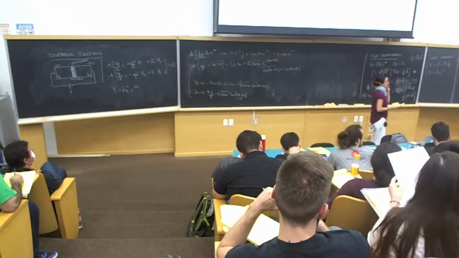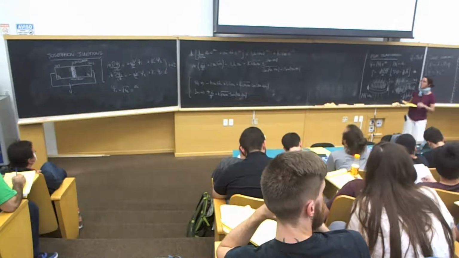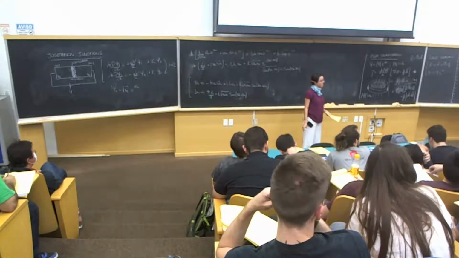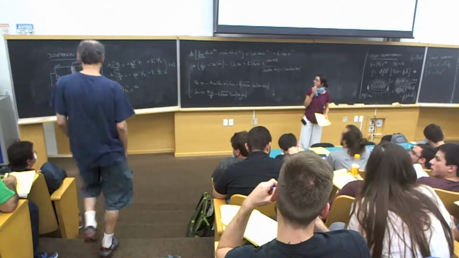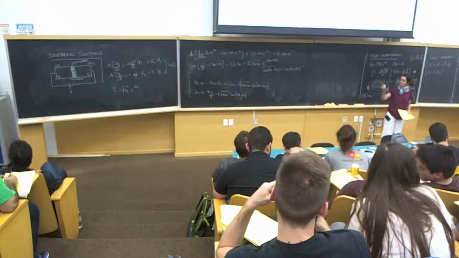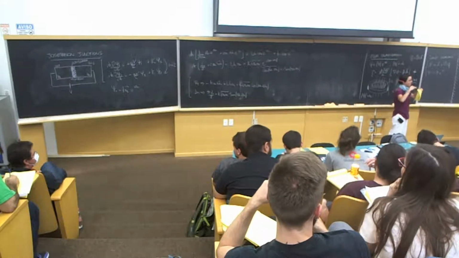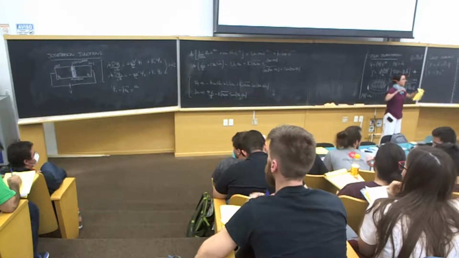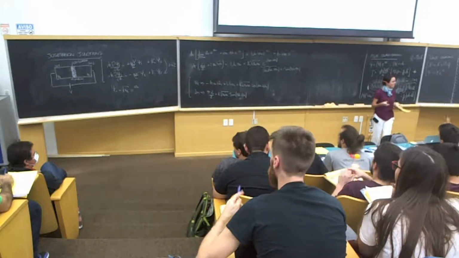Yes, there is a chain, there is a flow, but note that this is a circuit, so things can be compensated such that the value at any given time, right?